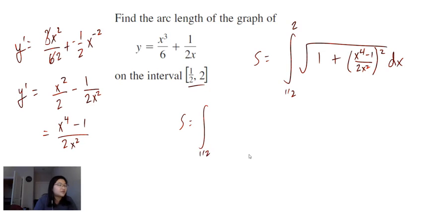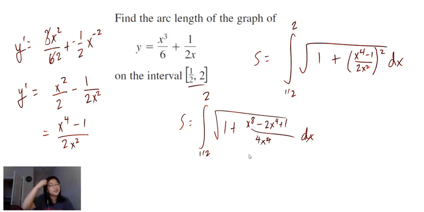We got the integral from 1/2 to 2 of 1 plus x to the 4th minus 1 squared, which is x to the 8, wow, this is getting really terrible, huh? Minus 2x to the 4th plus 1 over 4x to the 4th dx. Oof.